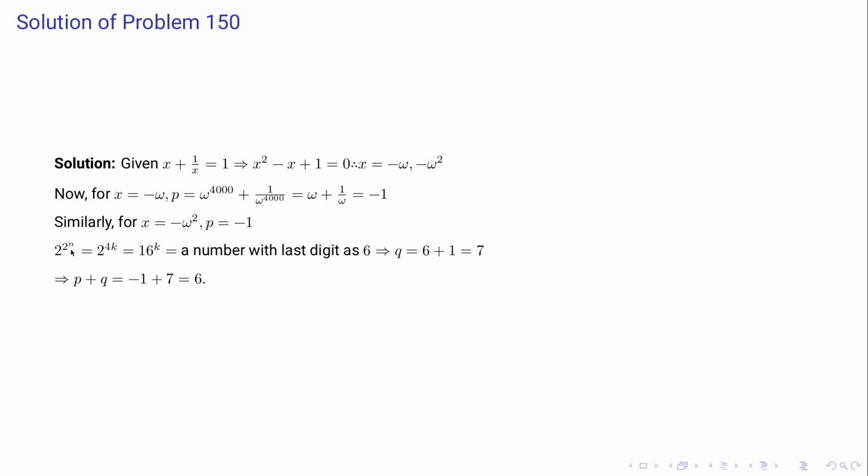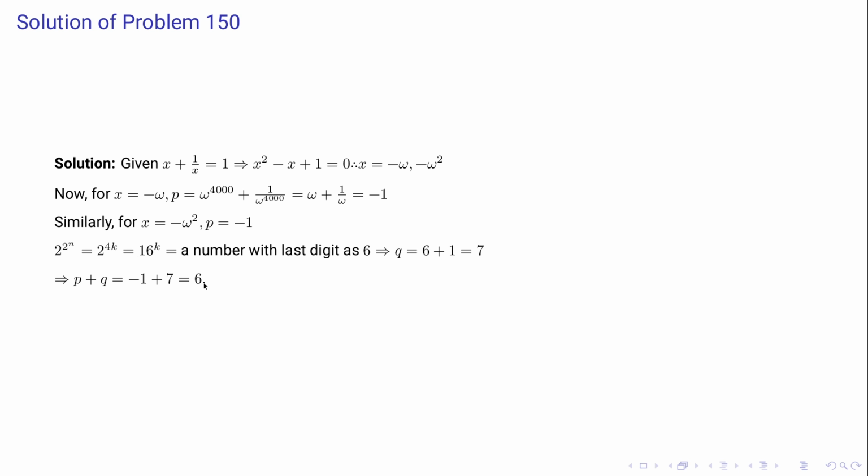That way you can consider it as 2 to the power 4k. Now this would be equal to 16 to the power k. So if you look at 16, any power would have 6 at the end as the last digit. So q would be 6 plus 1, that is 7, and p plus q would be minus 1 plus 7 is equal to 6.